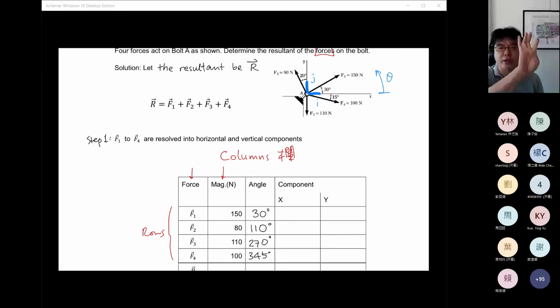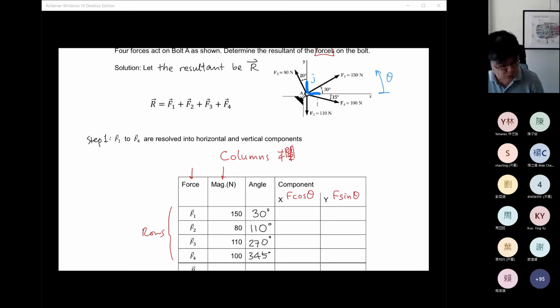After you know the magnitude and you know the angle, of course you can determine the components. The x component is equal to F cosine theta and the y component is F sine theta. I think you can handle this.